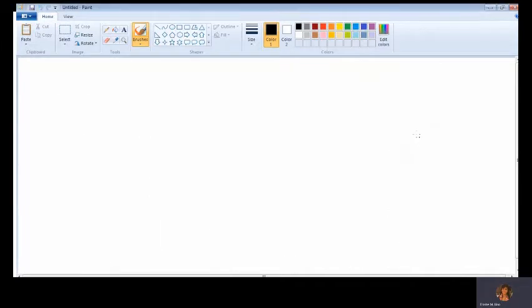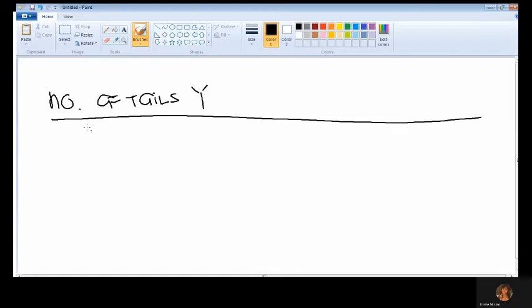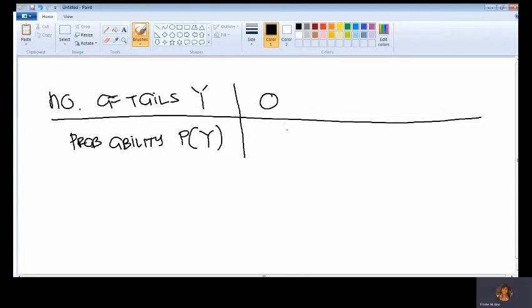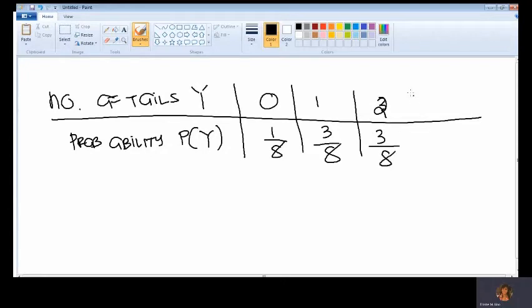So therefore, number of tails and probability: 0, 1 over 8; 1, 3 over 8; 2, 3 over 8; and 3, 1 over 8.